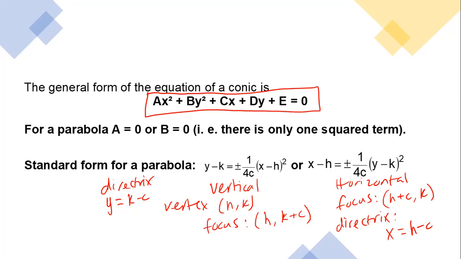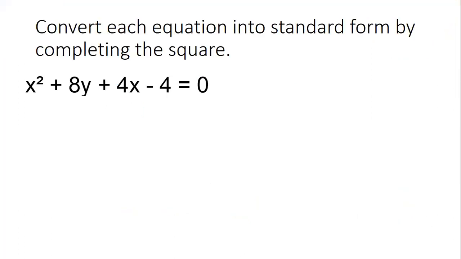All right, ready? Here we go. It says to convert each equation into standard form by completing the square. So the first thing we want to do is identify whether it's horizontal or vertical. So step 1 is to determine whether it's vertical or horizontal.